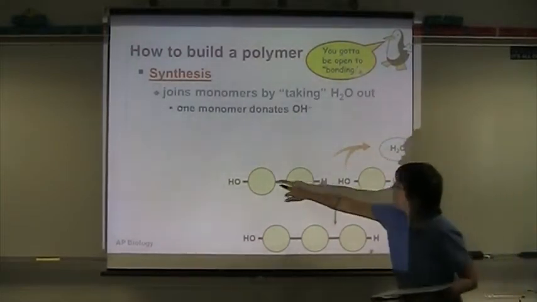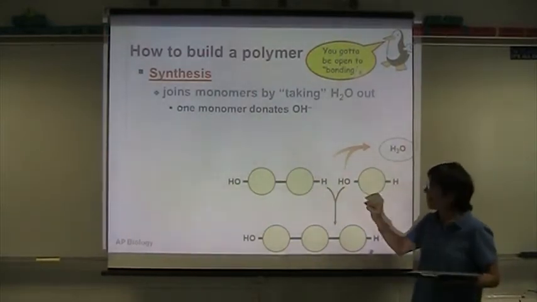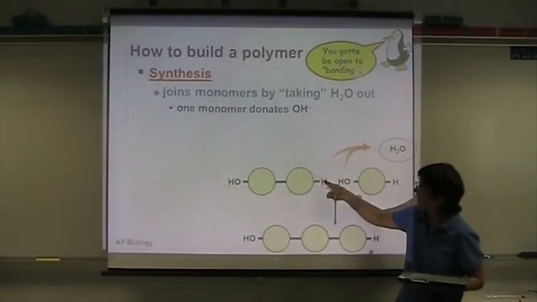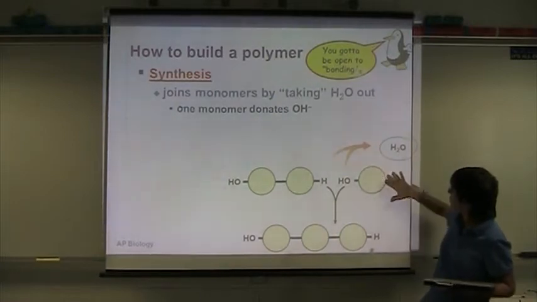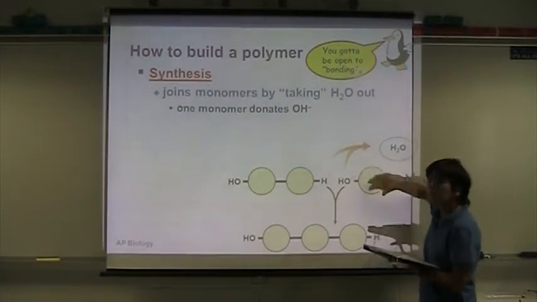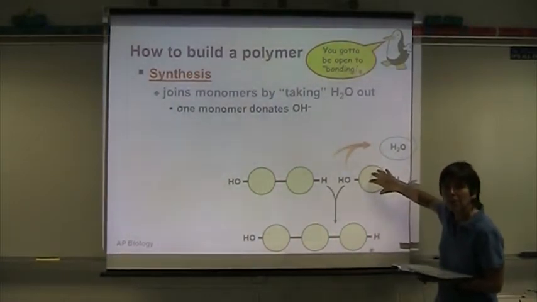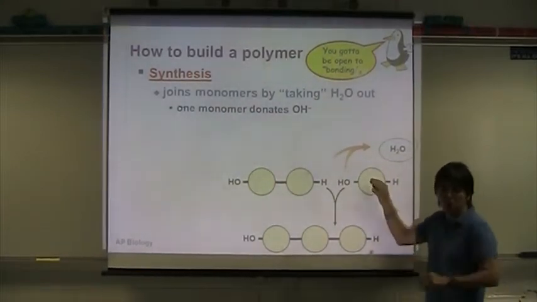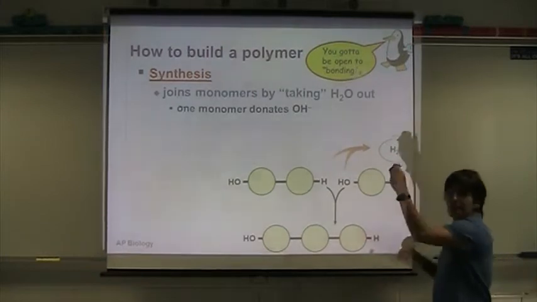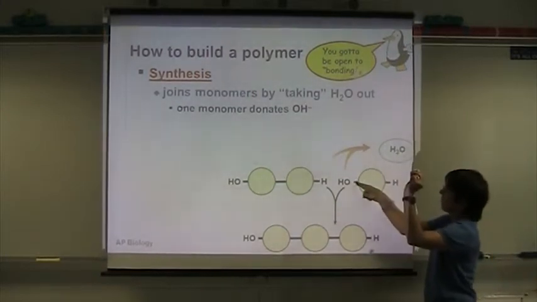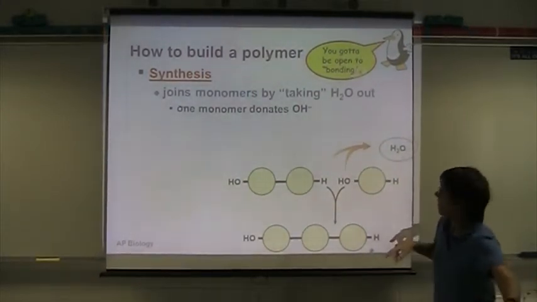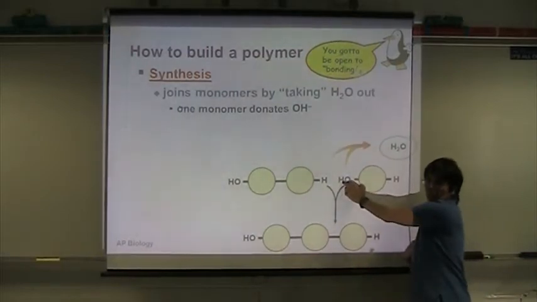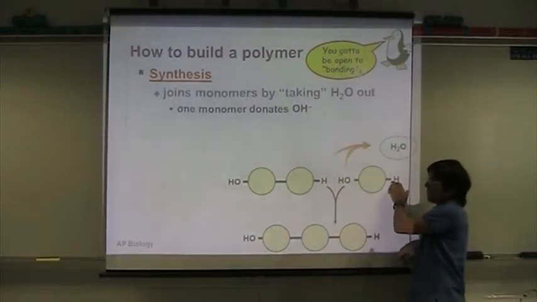We are going to join monomers, but in order to join a monomer, notice that this one has a hydrogen here. This is the new monomer coming. I'm not giving you the detail of all the atoms that are here. I'm just showing you what this particular monomer, this one Lego piece, has attached at one end and at the other. Notice that you have an OH, a hydroxyl, and a hydrogen on the other end.